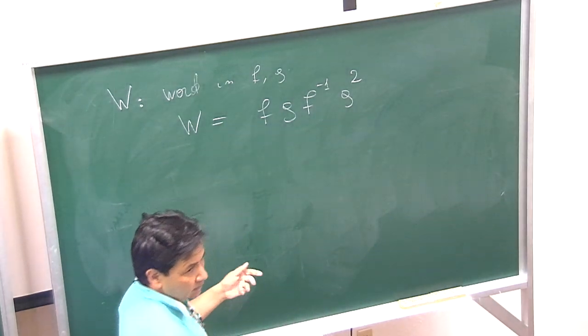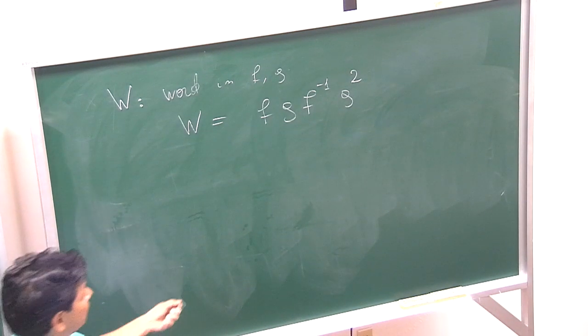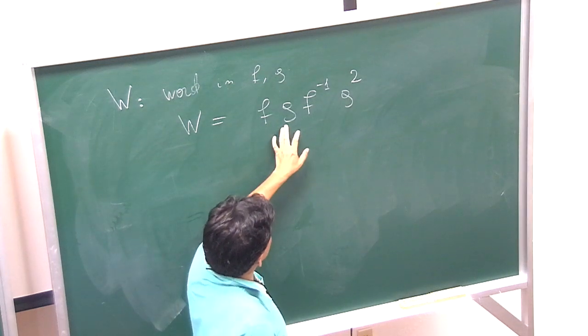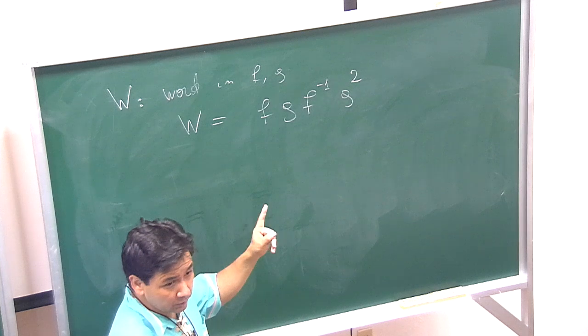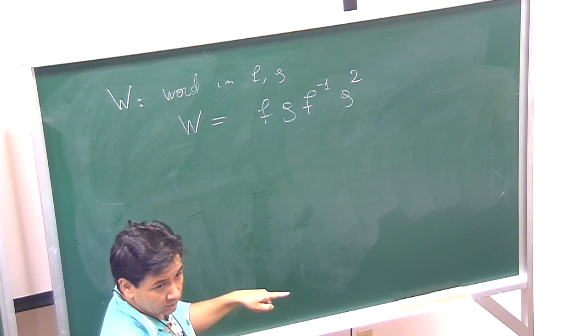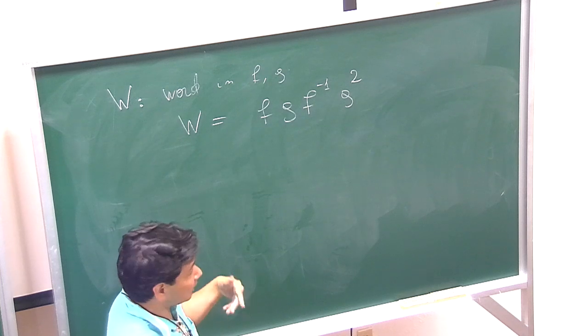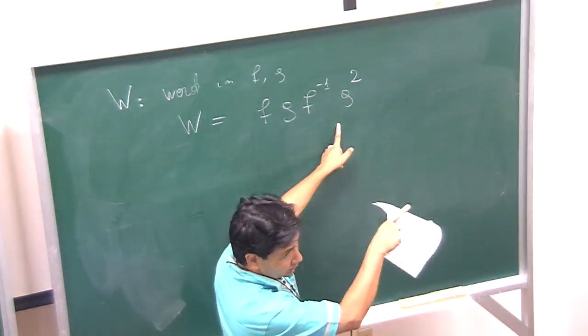Okay? And I want a word which is reduced, where there is no pairing of g and g inverse and so on. And what I have to prove is that this word is not the identity. So what I will prove is that this element acts in a non-trivial way on the space X.